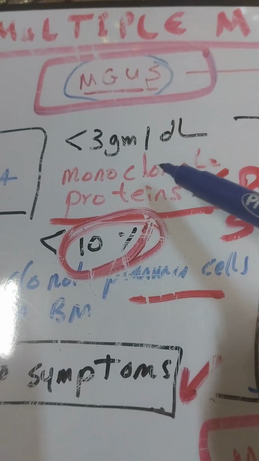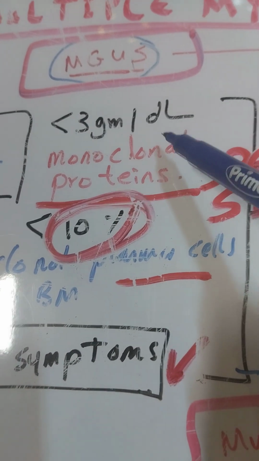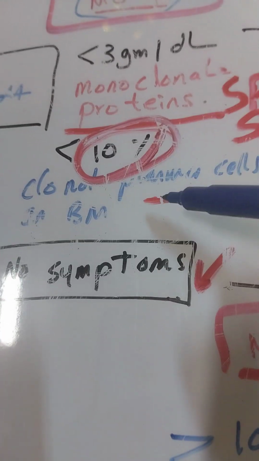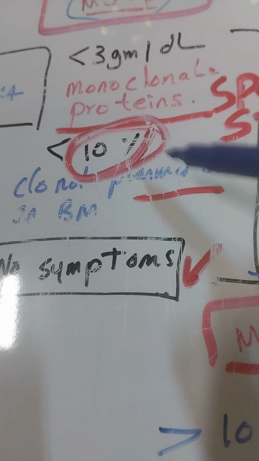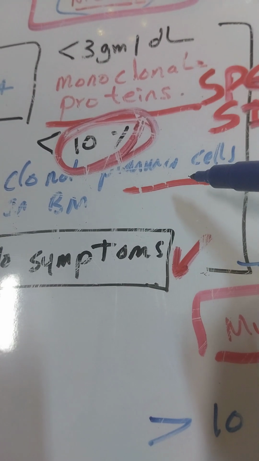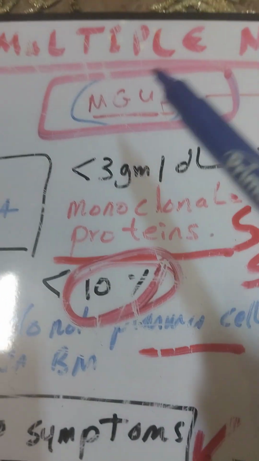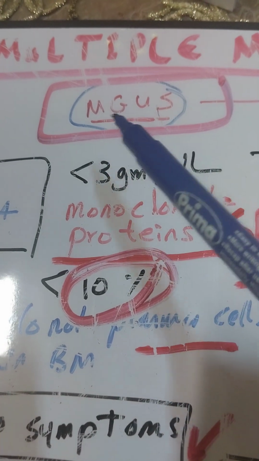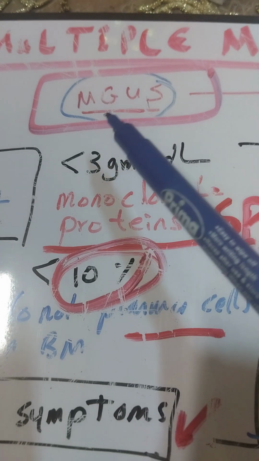If they produce small amounts of immunoglobulins, less than 3 gram per deciliter, or the bone marrow biopsy reveals less than 10% plasma cells in the bone marrow with no symptoms, this is called MGUS, which is monoclonal gammopathy of undetermined significance.